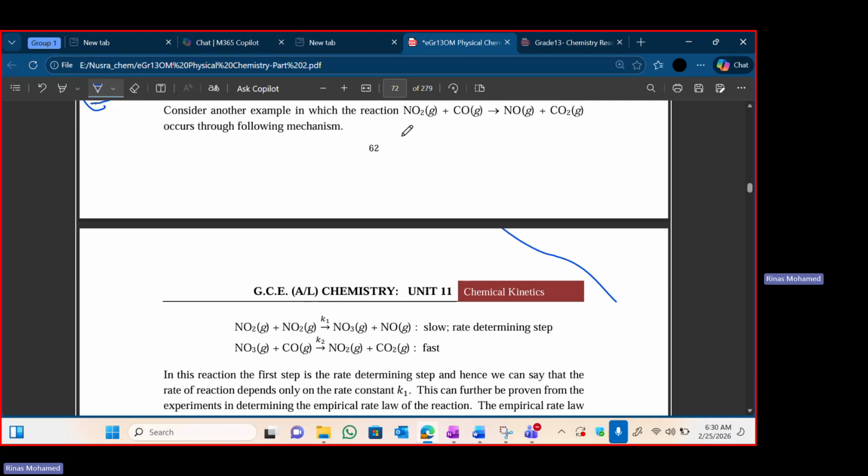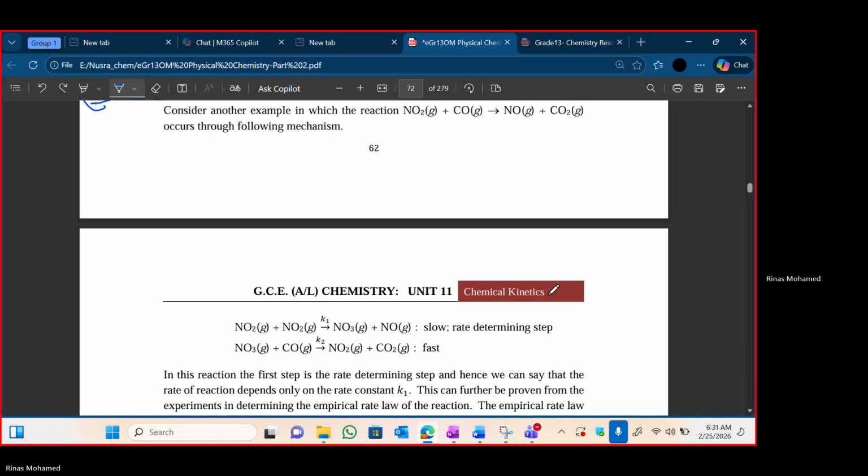In the first step, what will happen? One NO2 gas reacts with another NO2 gas to give NO3 plus the remaining one, NO. That is the first step.